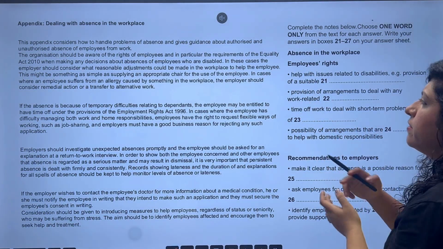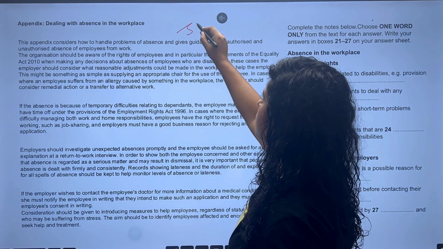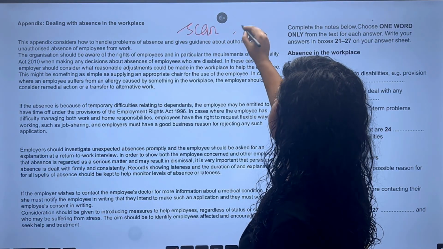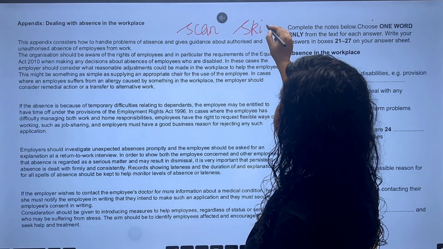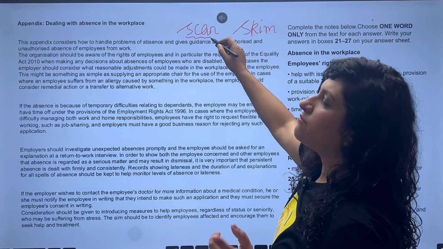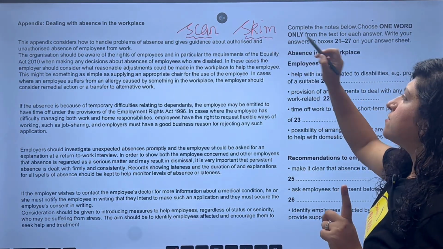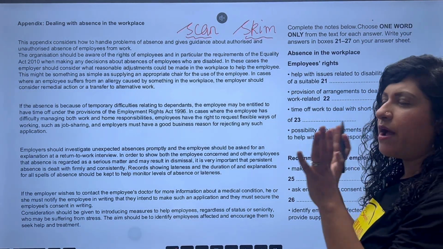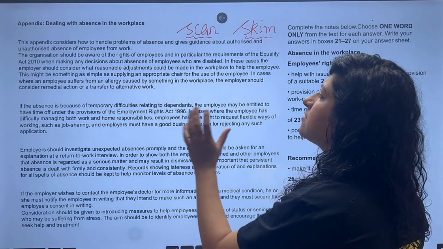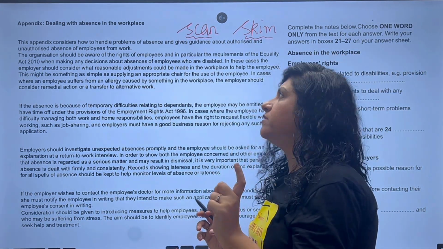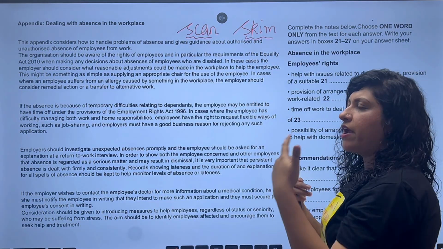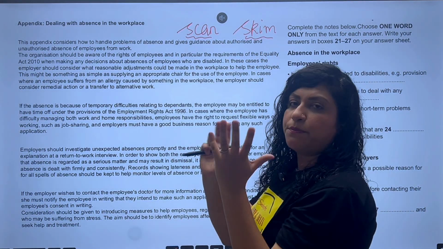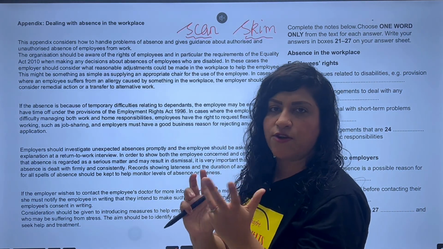Now, here again we are going to use two skills, which are scanning and skimming. We have already discussed this in one of our previous videos. Scanning is where you move your eyes very quickly around the text searching for a particular keyword, and skimming is where you're trying to understand the main idea, the purpose, the summary, the gist of the text.